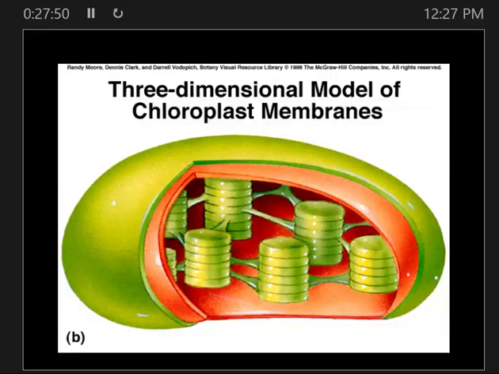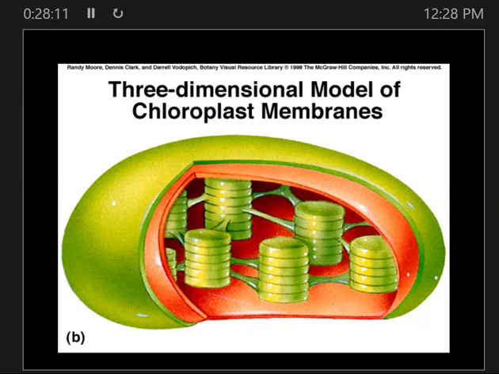Okay, so another thing that's unique to plants that we don't have, unfortunately, are chloroplasts. And so we're going to be talking a lot about chloroplasts in this class when we get into photosynthesis. A couple of things to think about right now is the basic anatomy.